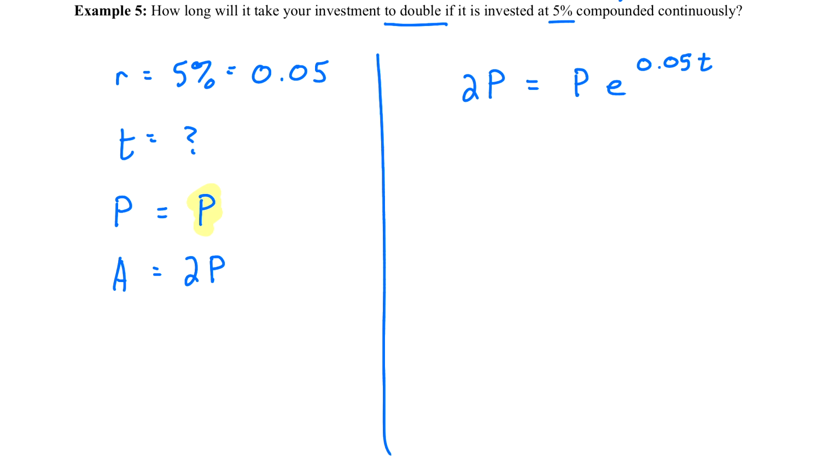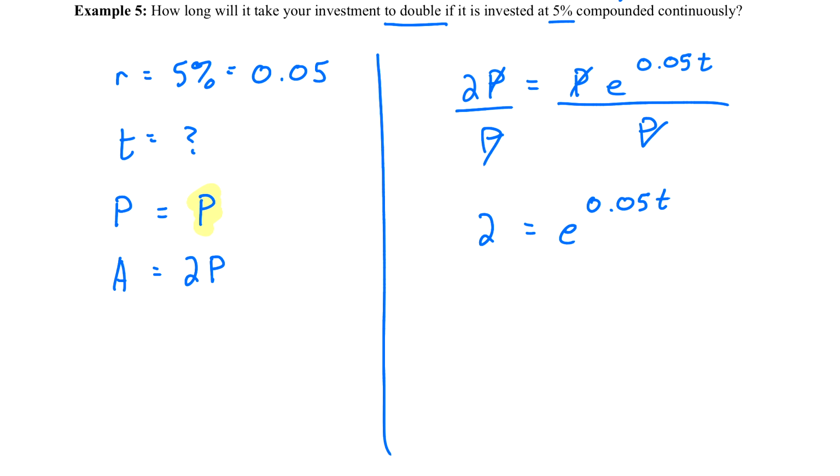If I want to solve that equation, I need this exponential part by itself first, which means I've got to divide both sides by P. So when I divide both sides by P, I end up with 2 is equal to e to the 0.05t power.